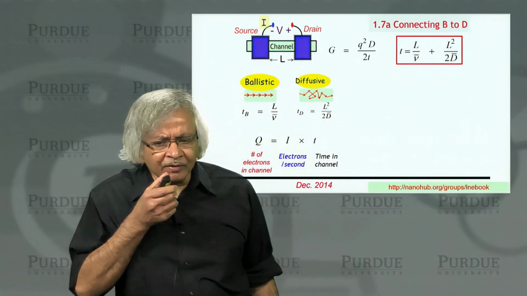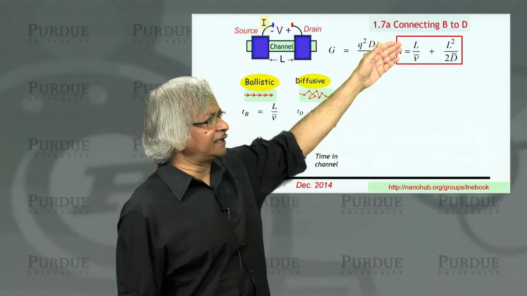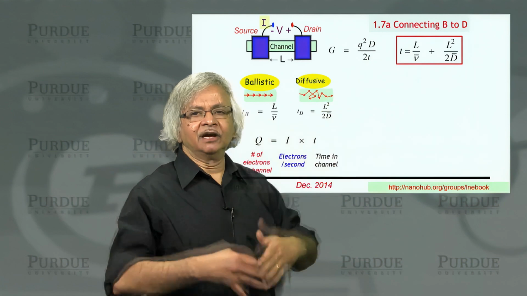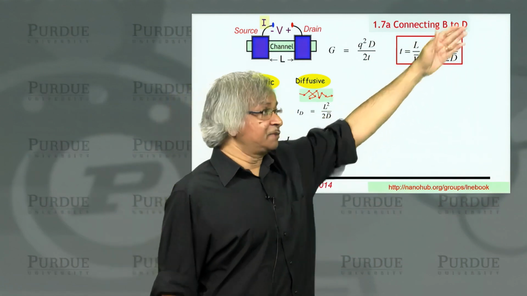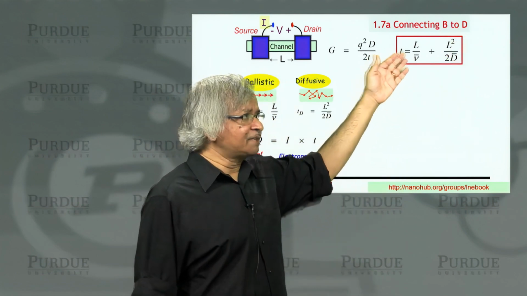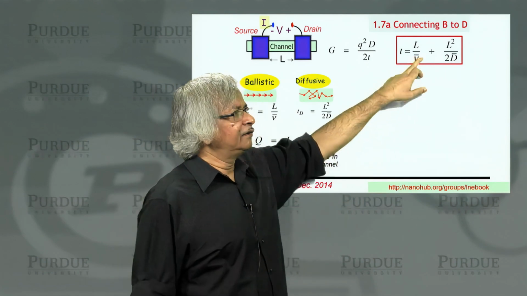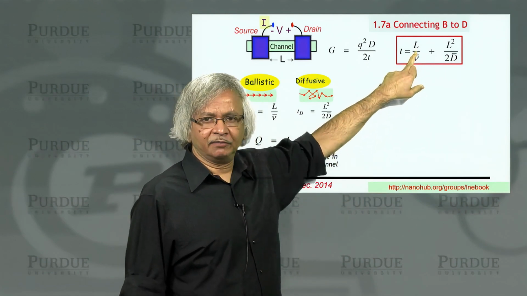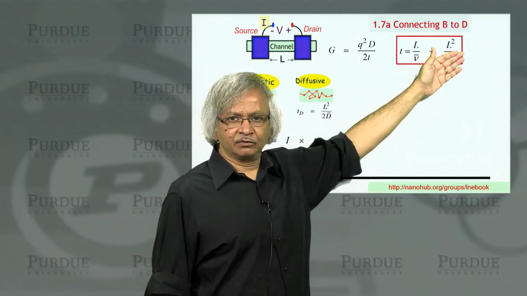So one way to justify it would be to say that you're writing the time kind of like a polynomial expansion: L, L squared. In principle, there could have been an L cubed, etc. And of course, what you expect is that when the length is very small, the lowest power should dominate things. When the length is large, that's when the higher powers will dominate.